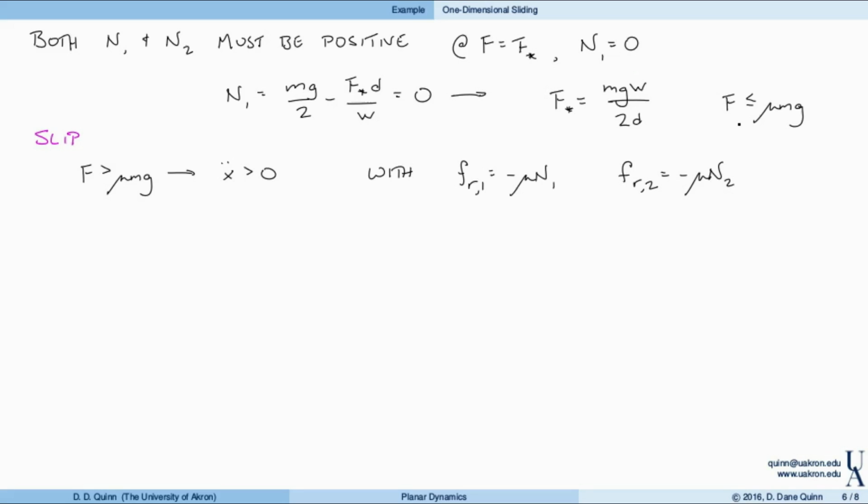So with this, we can write our equations of motion, and we had three, two from linear momentum balance, one from angular momentum balance, as F minus, and I'll substitute in these values of the friction force, mu times N1 plus N2.